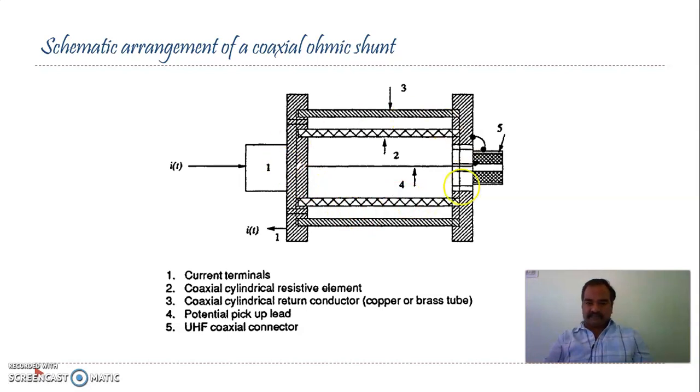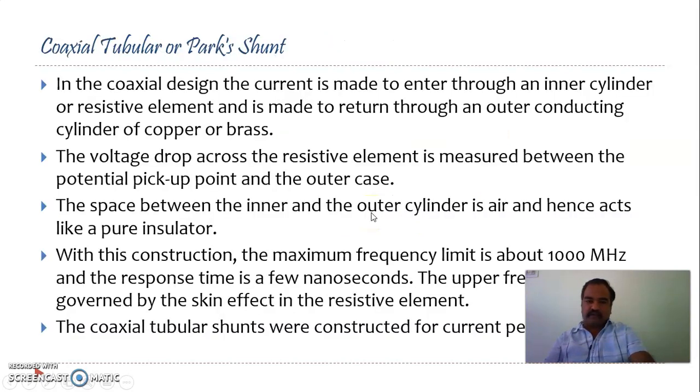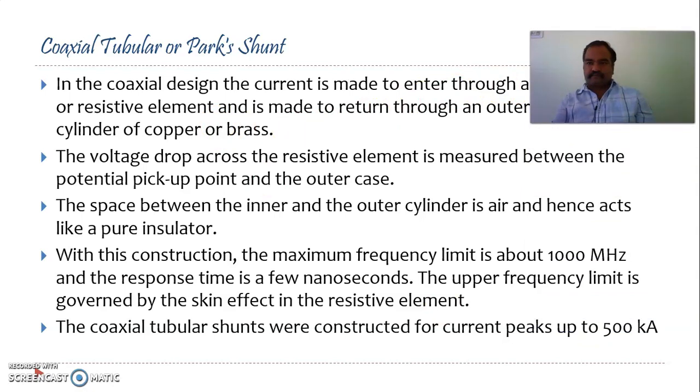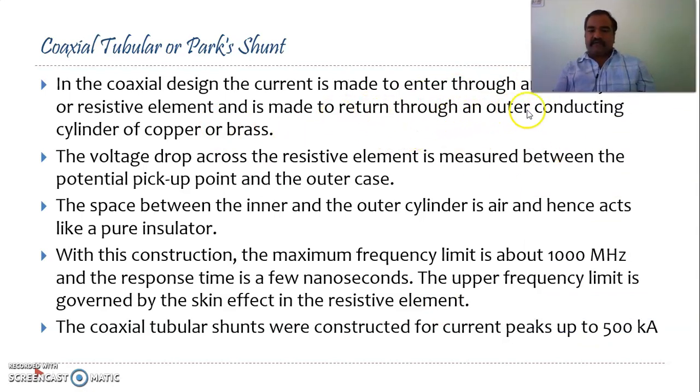So the current is passed through this 2 and it is made to come back to the original point through 3. And the voltage terminals will be measured at 2. See here now. In the coaxial design, the current is made to enter through an inner cylinder or resistive element, what we termed as 2 here. And it is made to return through an outer conducting cylinder of copper or brass.